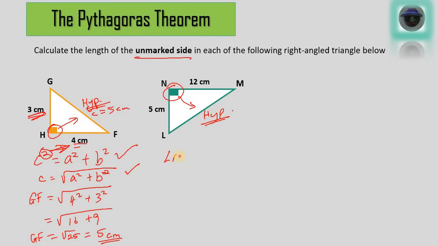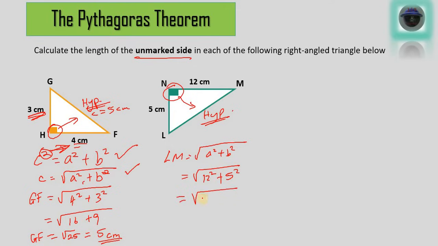So we're going to say LM is equal to the square root of... remember, in finding C, which is the hypotenuse, we can just simply transpose the square over as a square root. And so in finding the hypotenuse, it's always the square root of A squared plus B squared. So let's put that in. The hypotenuse, which is C, in this case LM, will be 12 squared plus 5 squared.